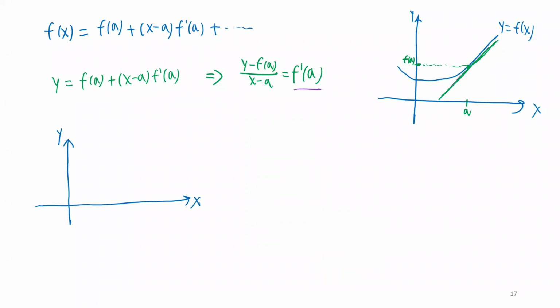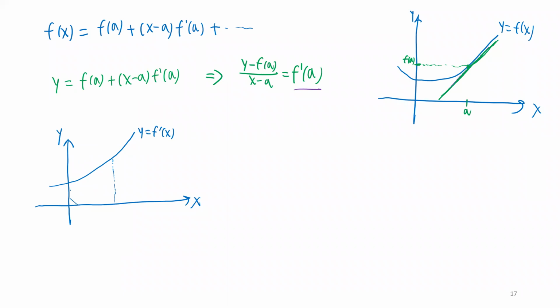So this time what I have again is just a curve like this. And this time, this curve over here is not y equals f(x). Instead, this is y equals f prime x, suppose like this. And now I will just define another function, which is the area under this curve.